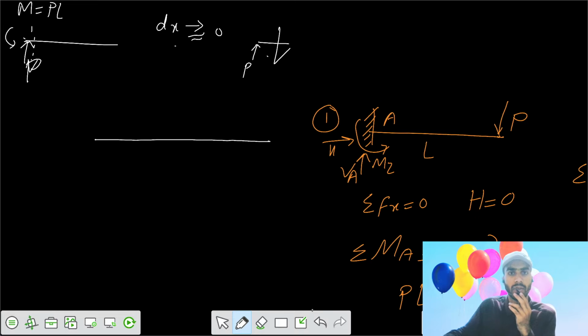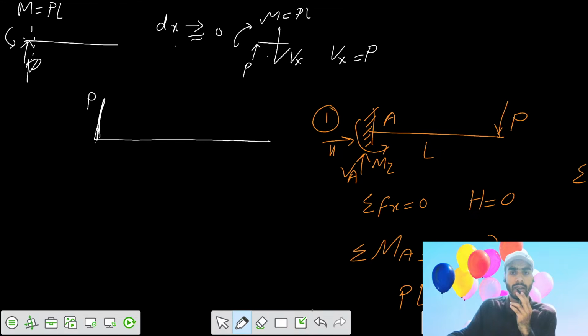We can say some shear force is there. So the shear force at A equals P, upwards. So a straight vertical line of P is here as the shear force.